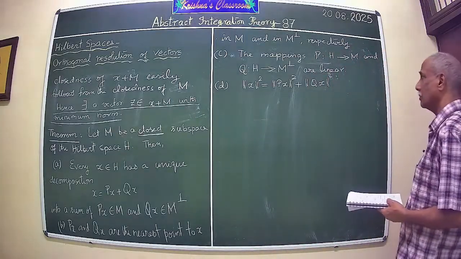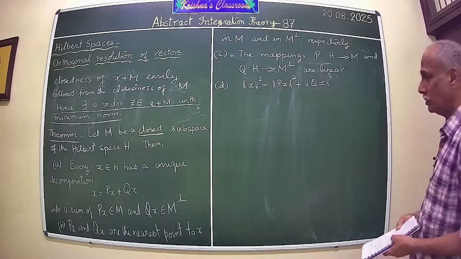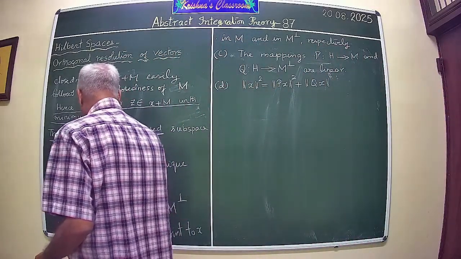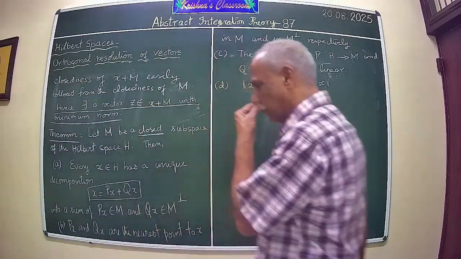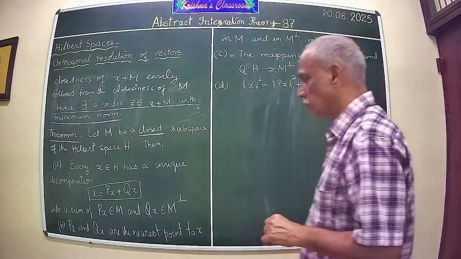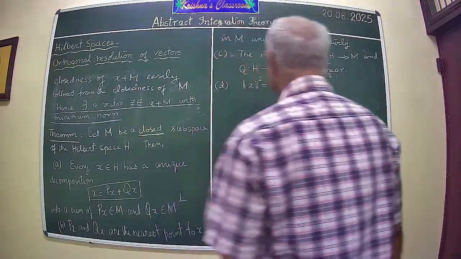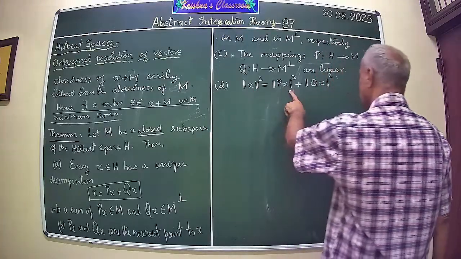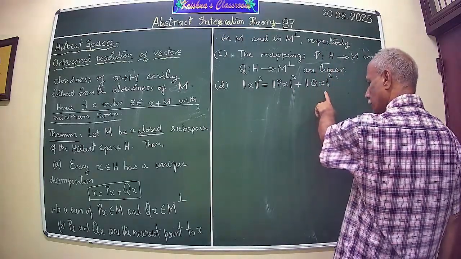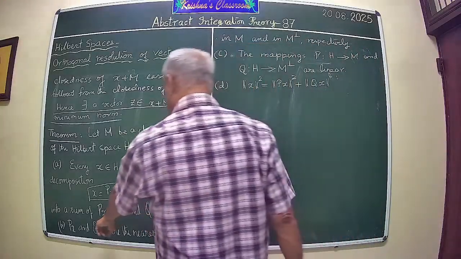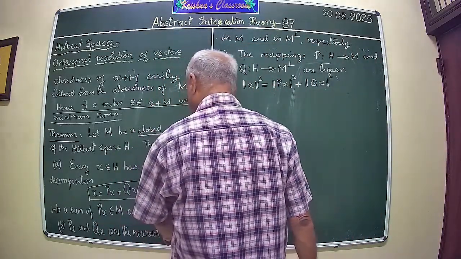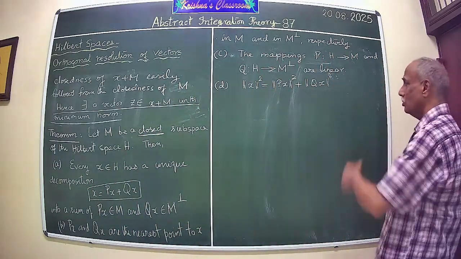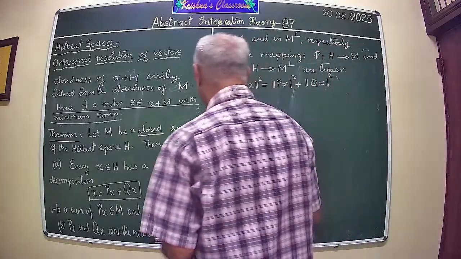This is Pythagoras theorem. Okay. So we have x resolved into the sum of two vectors Px and Qx, Px belonging to M and Qx belonging to M perp. Further, norm of x square equal to norm of Px square plus norm of Qx square, and in fact you can show that Px belongs to M and Qx belongs to M perp, therefore they are mutually orthogonal, and you use that orthogonality to establish D. So D is a very simple consequence.